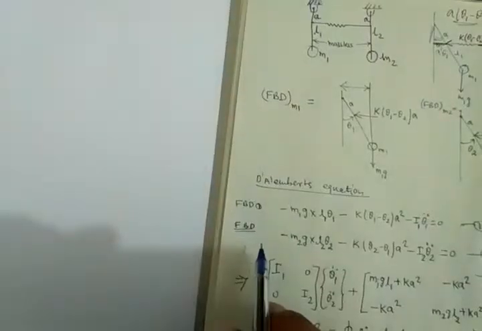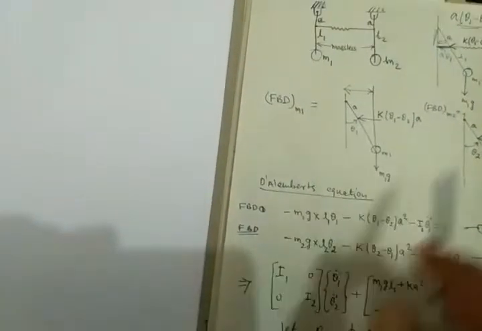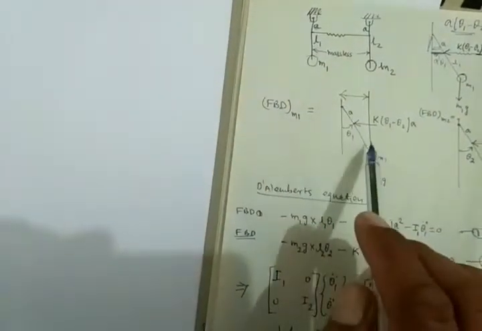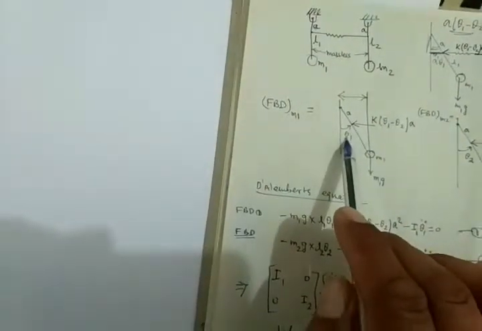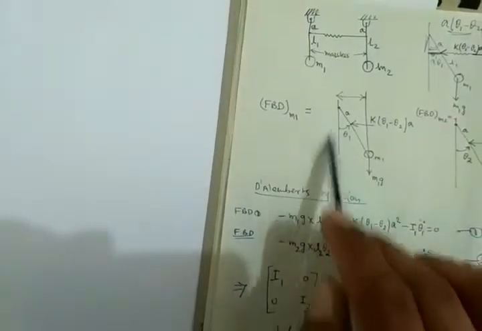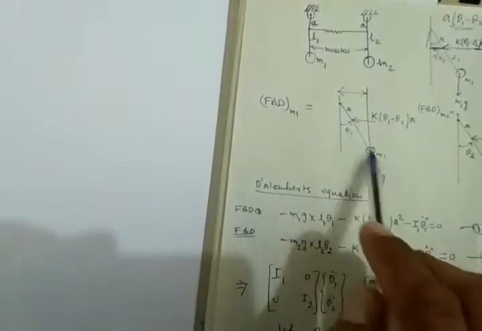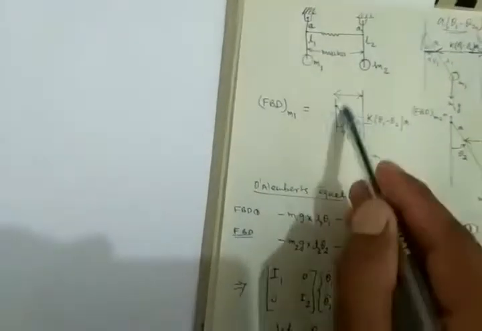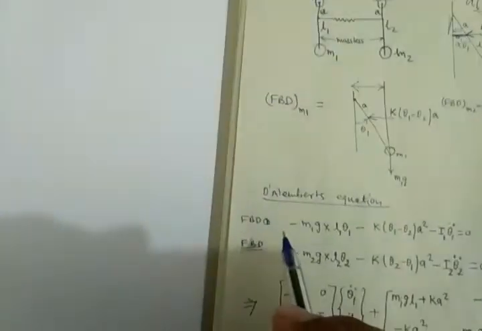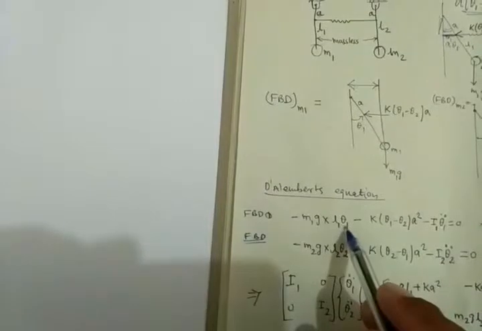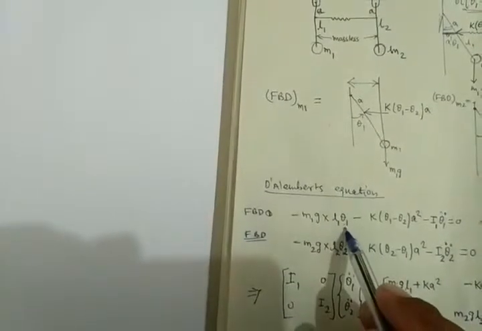This length is L and this angle is theta 1. So this component is L cos theta 1 or L1 cos theta 1, and this perpendicular component will be L1 sin theta 1. So sin theta 1 I have written here as theta 1. So L1 into theta 1.